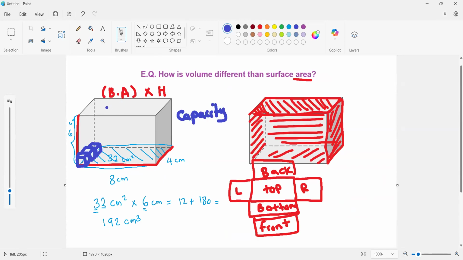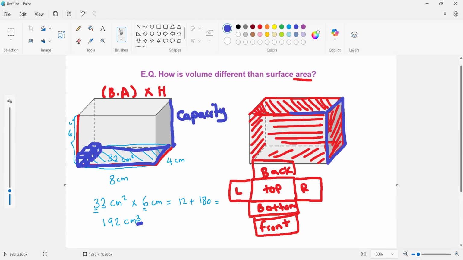The volume is the base area. You have to find the base area, then times it by the height, and it's always in cubic units. The surface area is the total, the sum of the surface areas.